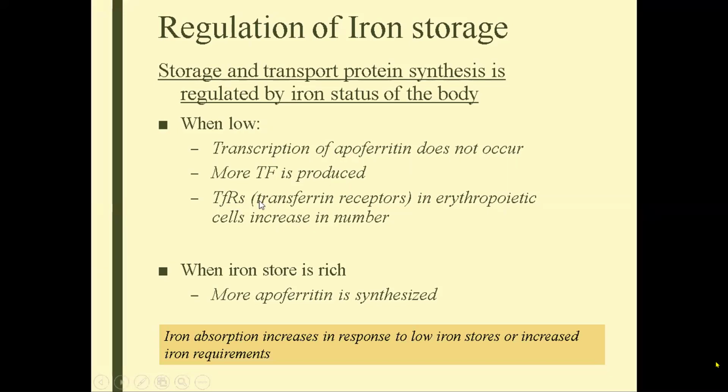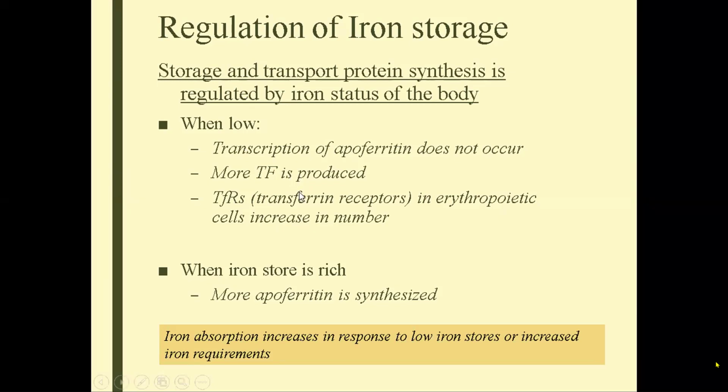Because if it has to be utilized, then forming the apoferritin storage protein and storing it is not relevant, isn't it? So it has to be utilized. So less apoferritin will be formed and more transferrin will be produced.